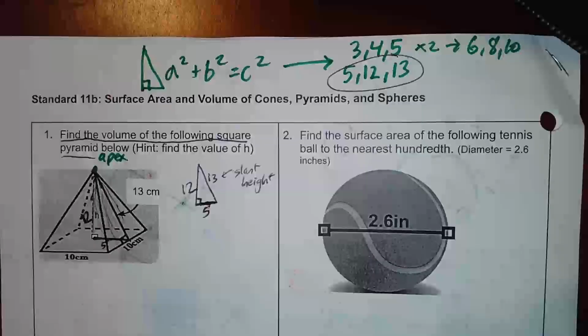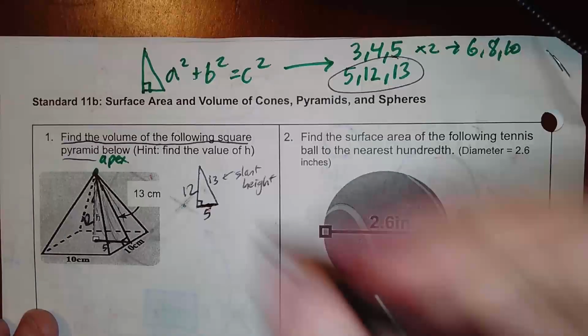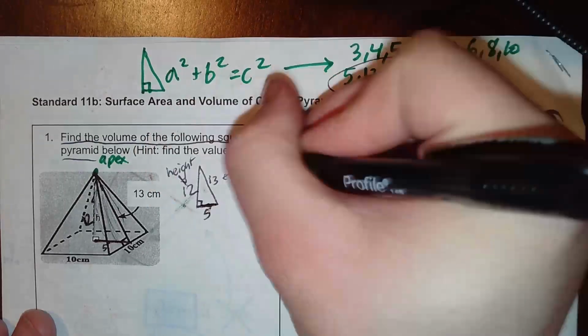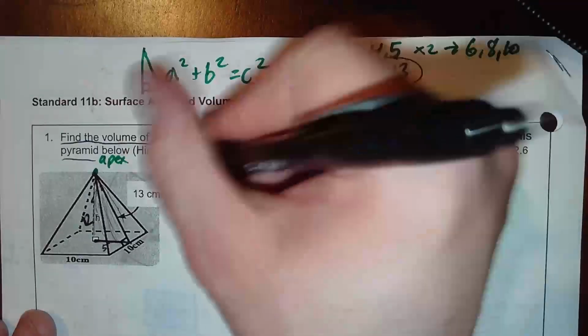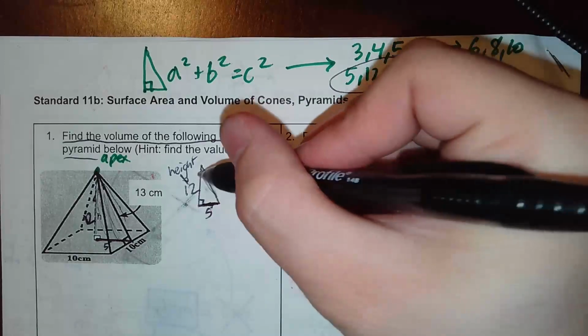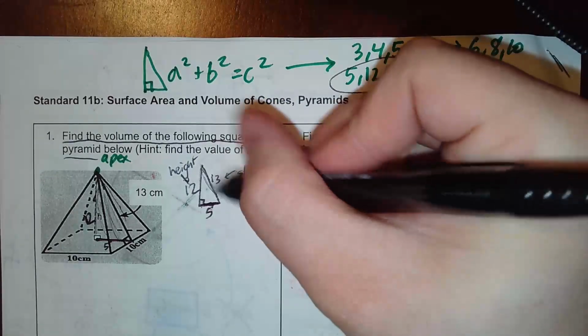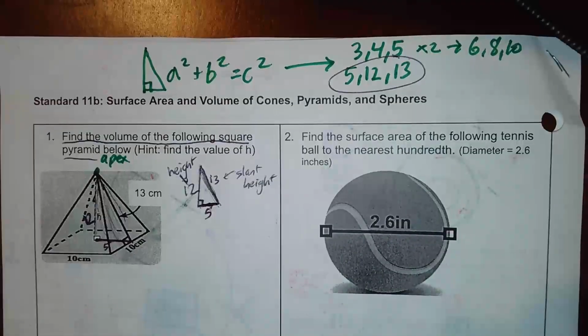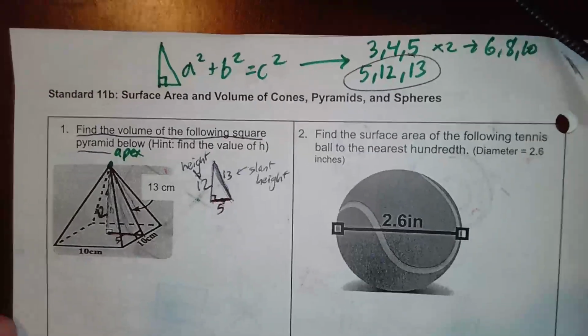Now, why do we need this h? Because this 12 really is the height. This one's a slant height. We can't really use either number because they're different. The height tends to be shorter than the slant height. So make sure you're always using the correct heights for the formulas.